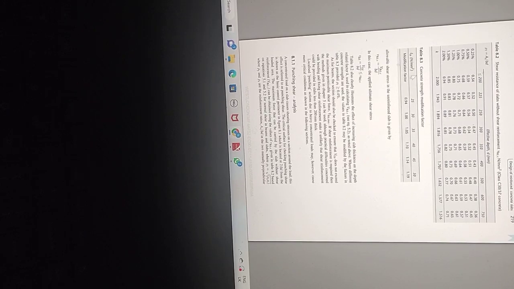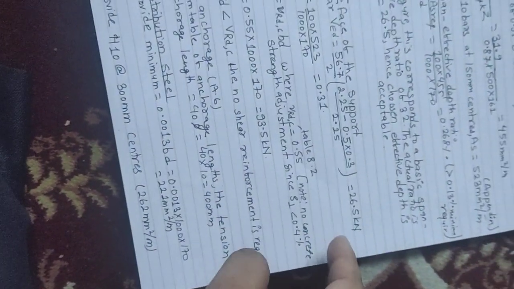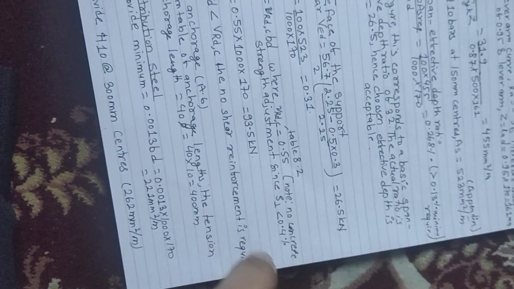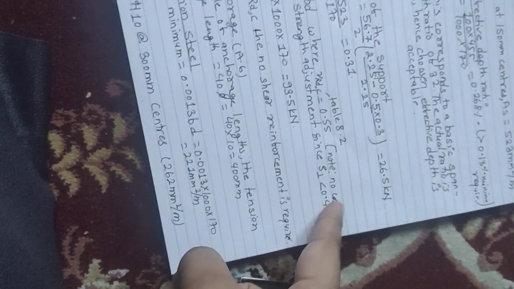Yeah. And for the concrete modification factor, we do not need to have a modification factor because 100 As by bd is less than 0.4, so no concrete strength adjustment. Okay.